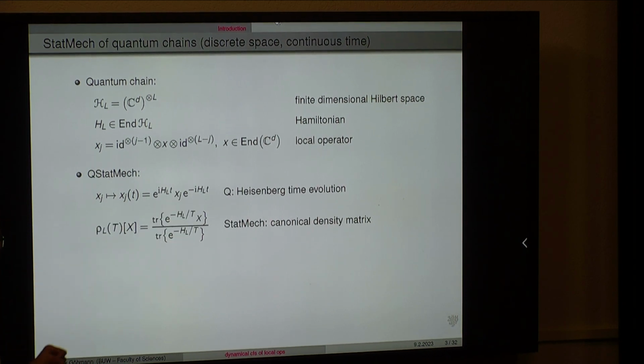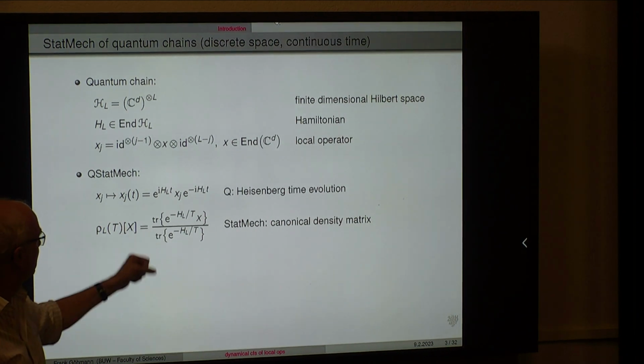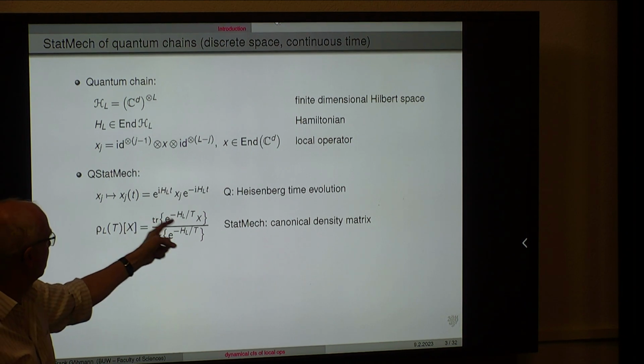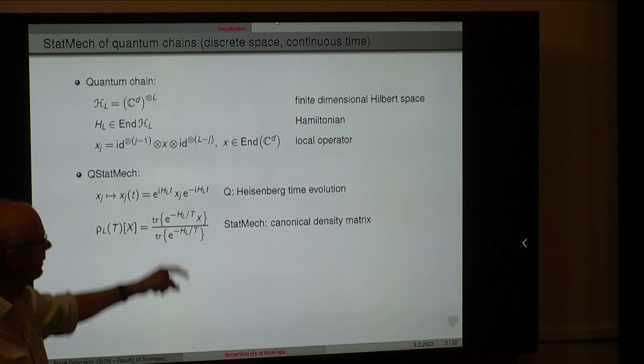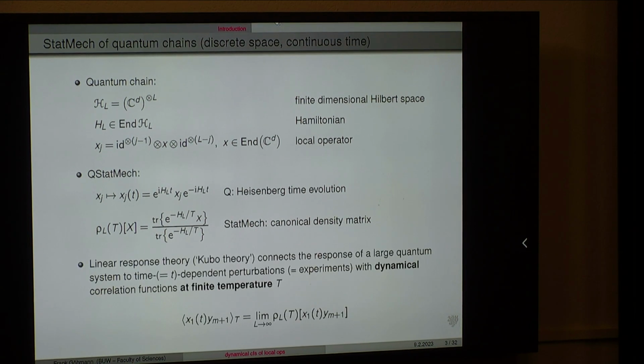And then you want to do experiments. You evaluate operators, and you do that using a density matrix. The canonical density matrix of statistical mechanics means taking an expectation value, which is the trace with the statistical operator divided by the partition function. And once you know that, you can describe all reality for condensed matter systems.